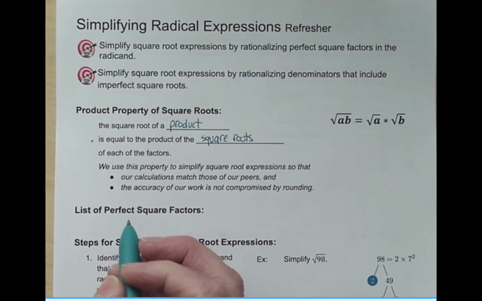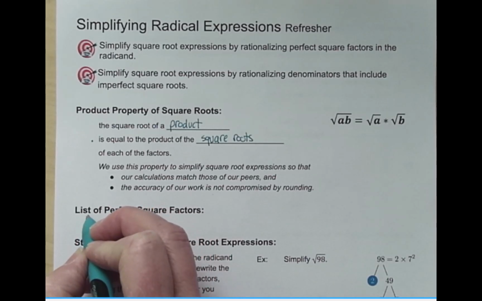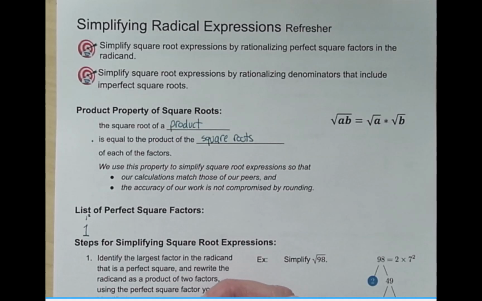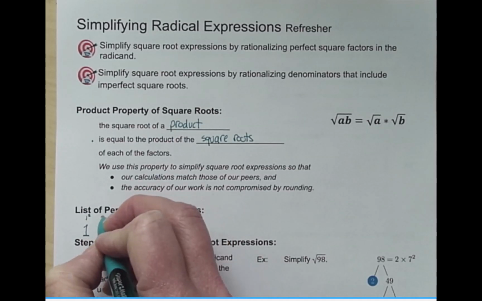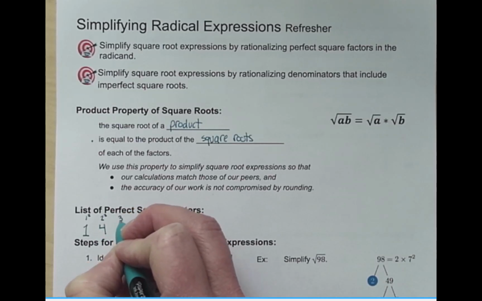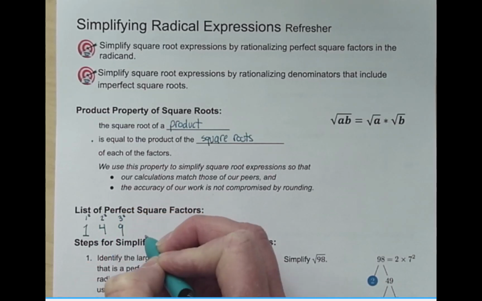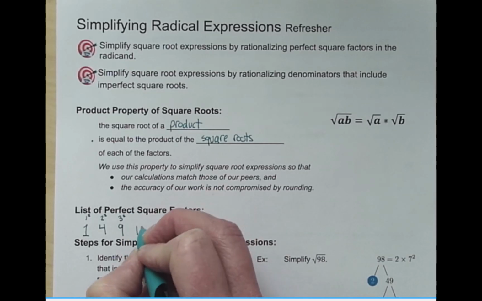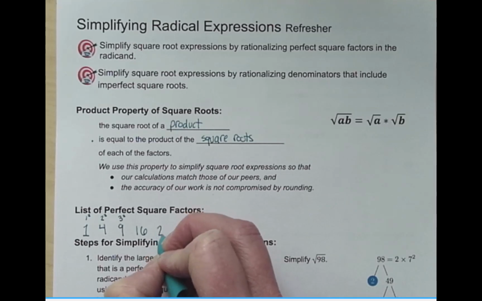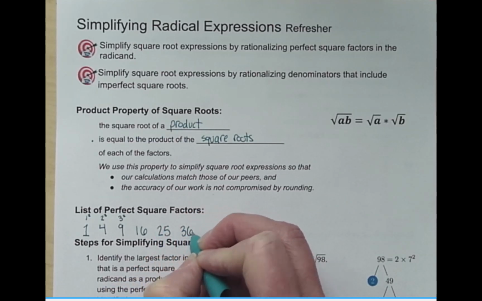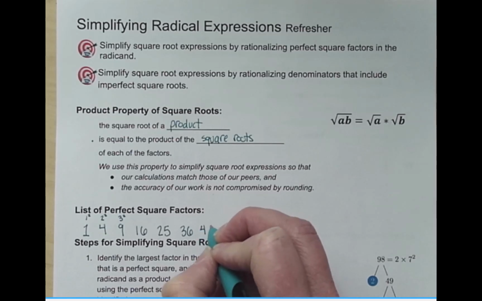For my list of perfect square factors, I'll start with 1 squared. So 1 is a perfect square. 2 squared would be 4. 3 squared would be 9. I'm just going to continue like that. 4 squared is 16. 5 squared is 25. 6 squared is 36. 7 squared is 49.